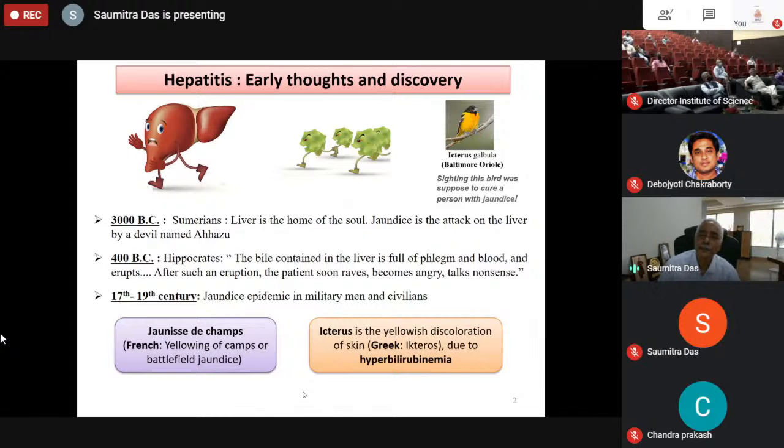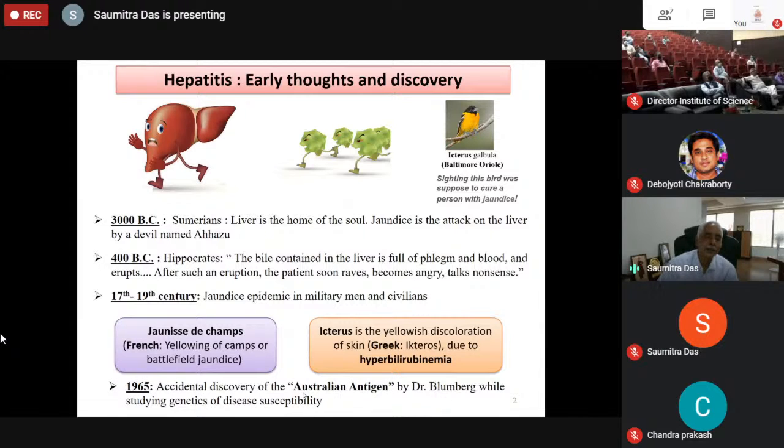And the funny thing is, people used to think that it was all because of the bird, Icterus bulbula, the Baltimore Oriole. The myth was that sighting this bird is supposed to cure a person with jaundice.